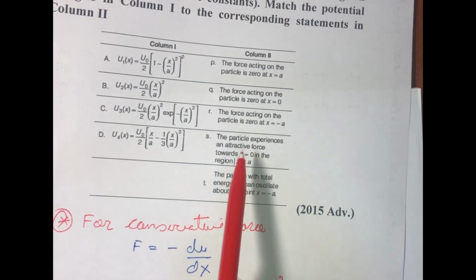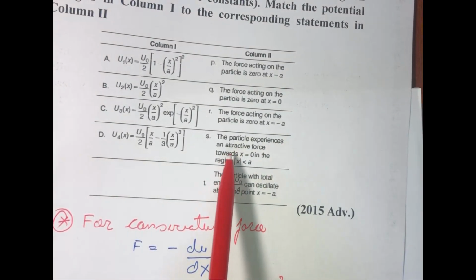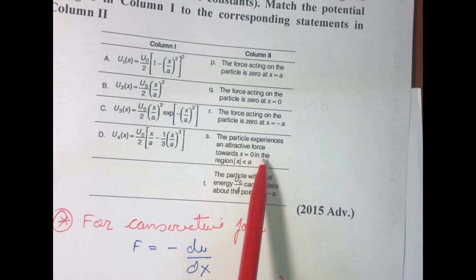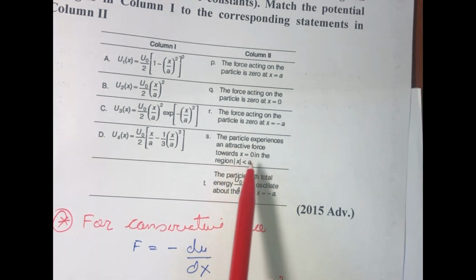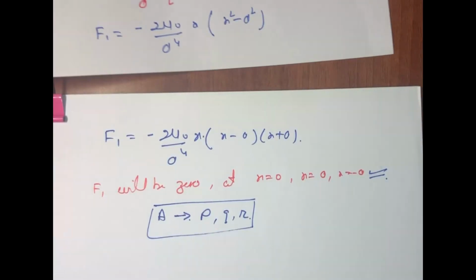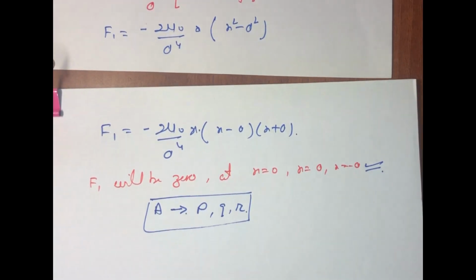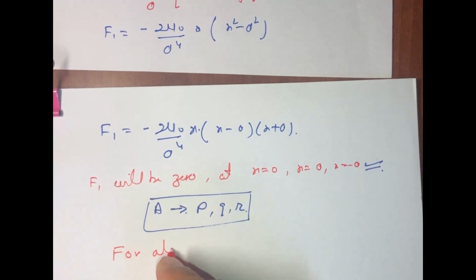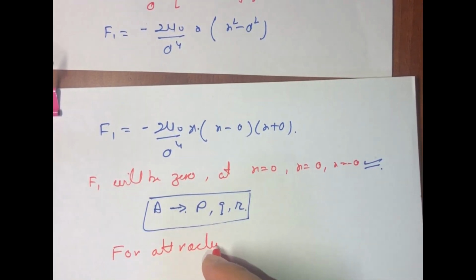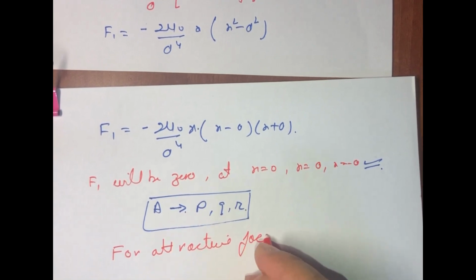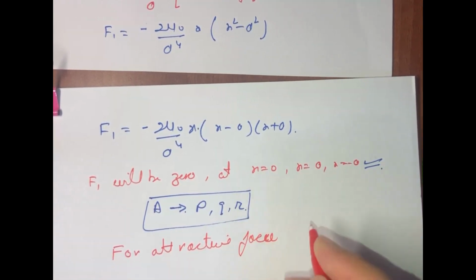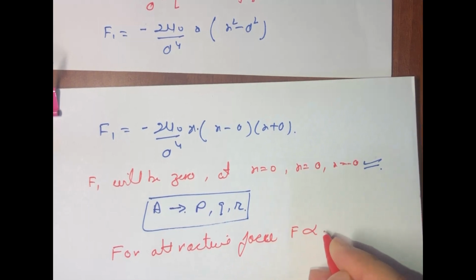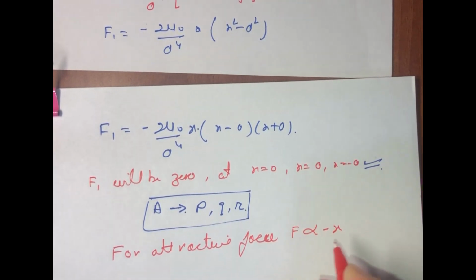The next statement says that the particle experiences an attractive force towards x equals 0 in the region modulus of x is less than a. So let us try to solve it. For an attractive force, F should be directly proportional to minus of x.